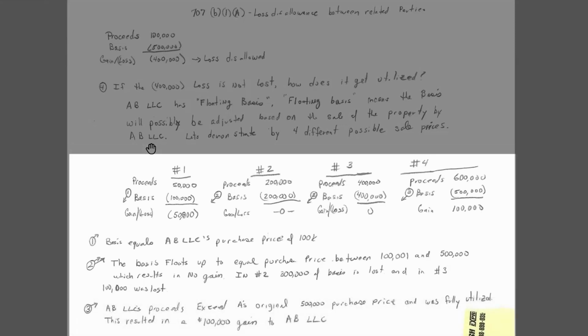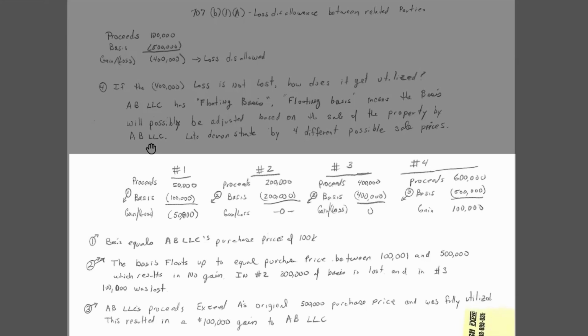In 3, we have $400,000 worth of proceeds, and the basis floats up to $400,000 for no gain or loss. Okay, what's note 2 say? Note 2 says the basis floats up to equal purchase price between 100,000 and 500,000, which results in no gain. In number 2, 300,000 of basis is lost, and in number 3, 100,000 was lost.